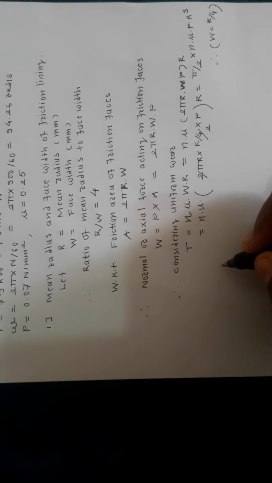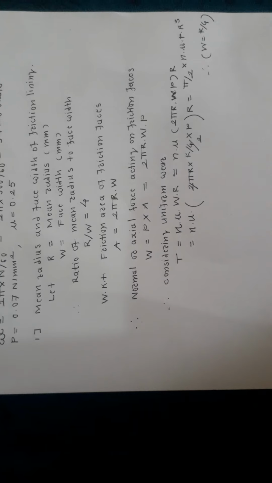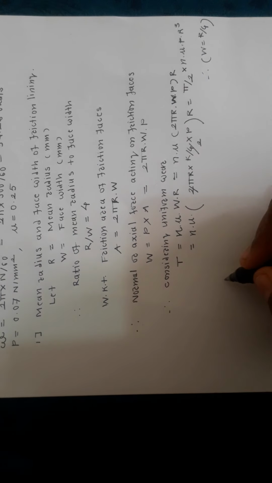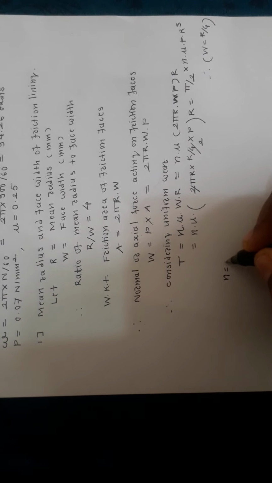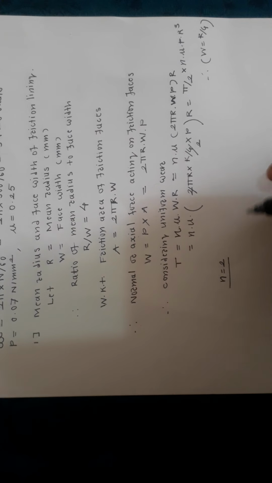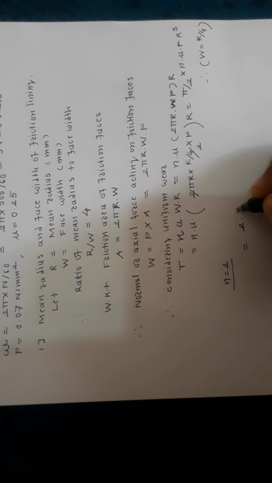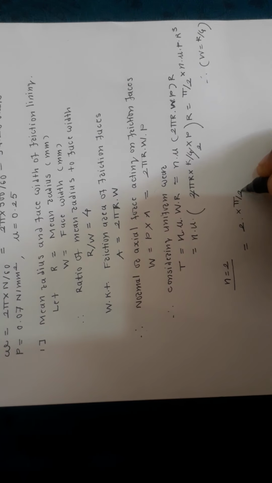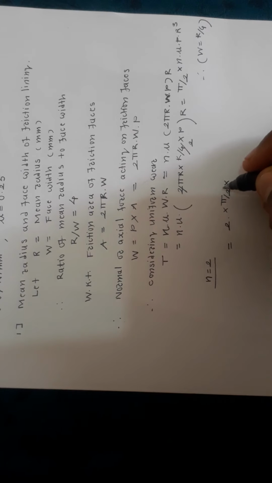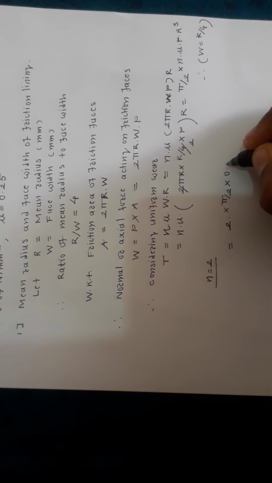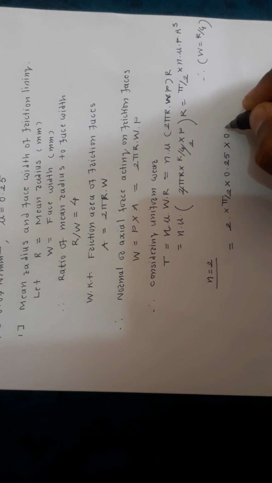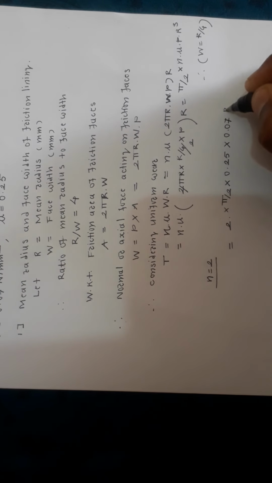So here, as it is a single plate clutch, both the sides are active. So therefore the number of active sides is 2. So here I can write it in this form, 2 into pi by 2 into the value of mu, 0.25, into 0.07 into R cube.